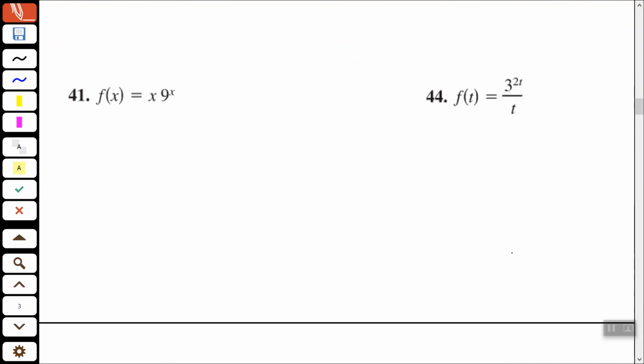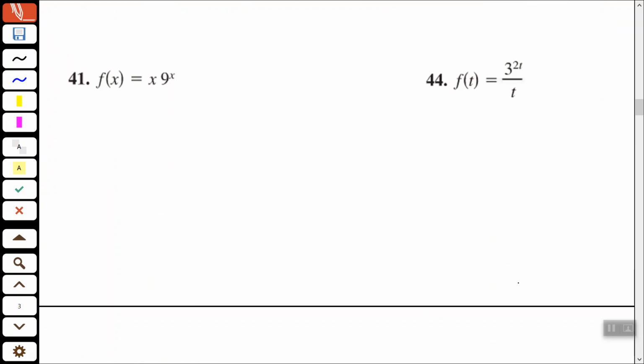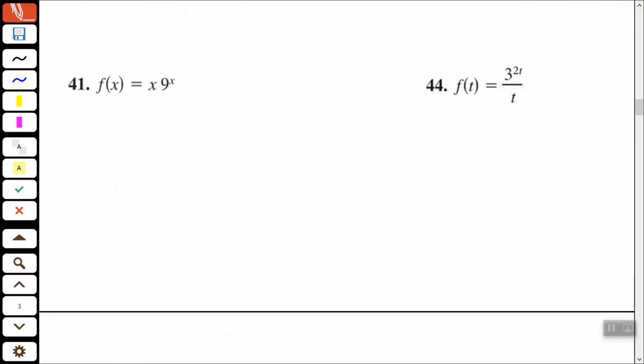Okay. All right, number 41, we have x times 9 to the power of x. So we have to use the product rule here because we're multiplying two functions. So first times the derivative of the second plus the second times the derivative of the first. All right, so f prime of x, first, or x times the derivative of 9 to the power of x.